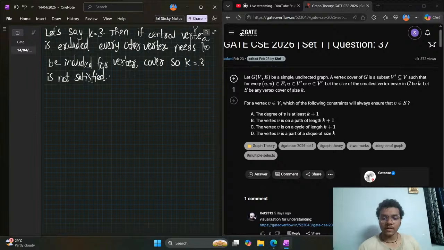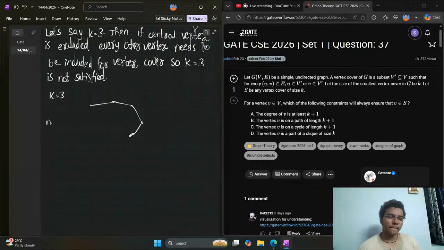The vertex V is on the path of length k plus 1, k is equal to 3. No compulsion of any vertex here.